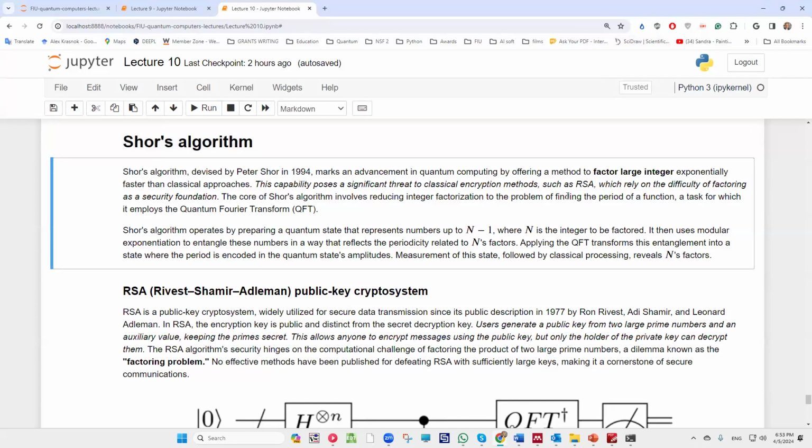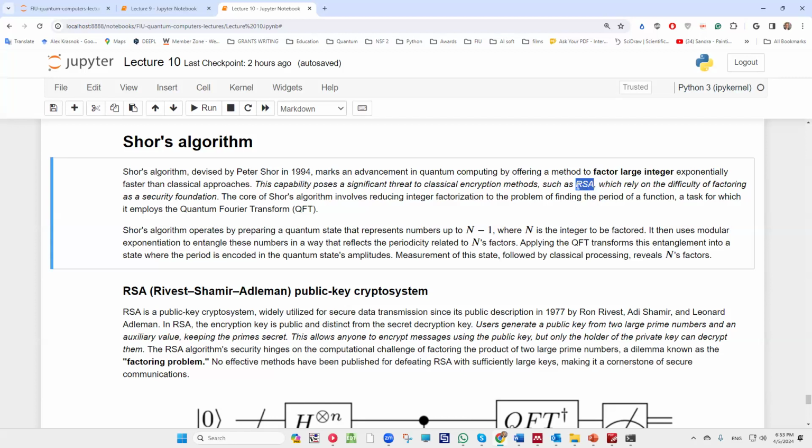Why is this so important? Because encryption protocols, like the RSA protocol, rely on this approach, factoring large integers, factoring large numbers.